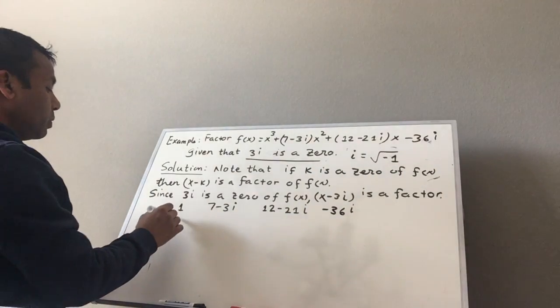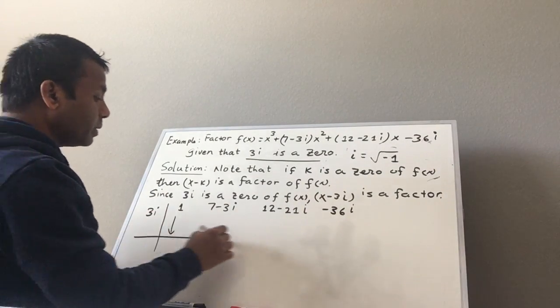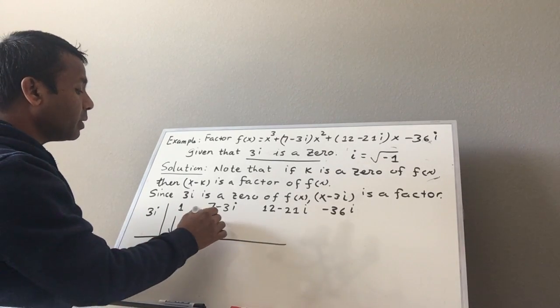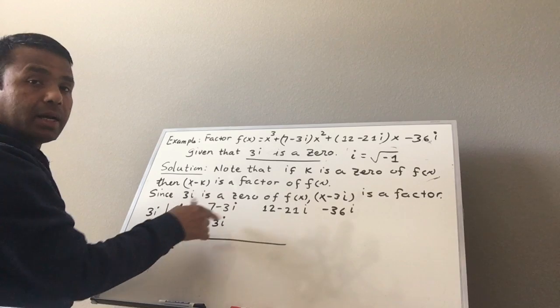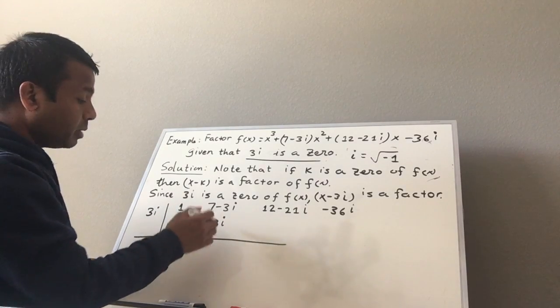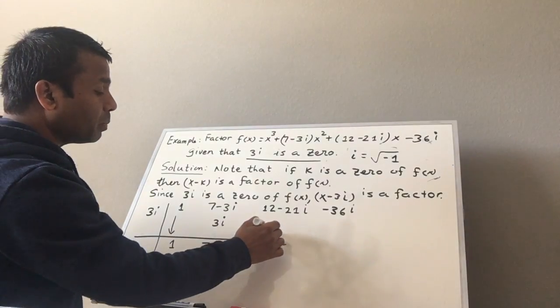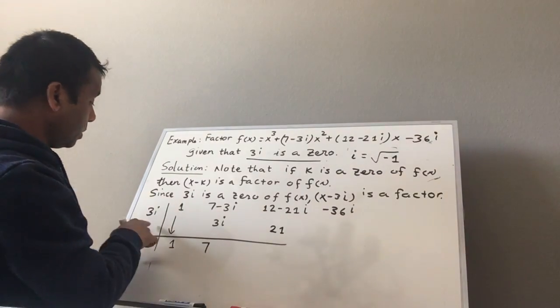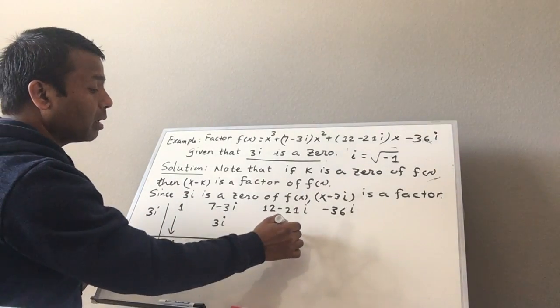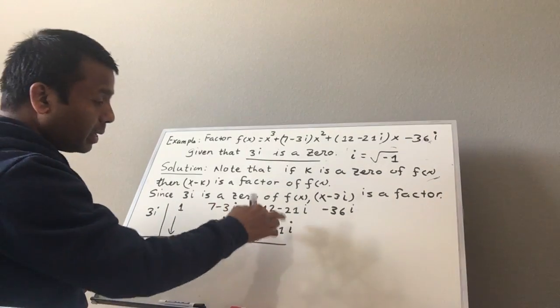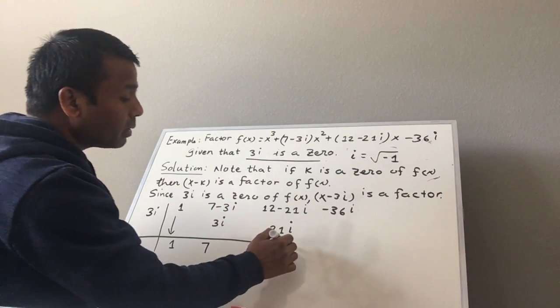Okay, so now you bring down the first coefficient. So this is 1, 3i times 1 is 3i. You combine 7 minus 3i with positive 3i, it will be 7. So 7 times 3i will be positive 21i. And if we combine this, then you'll get 12.